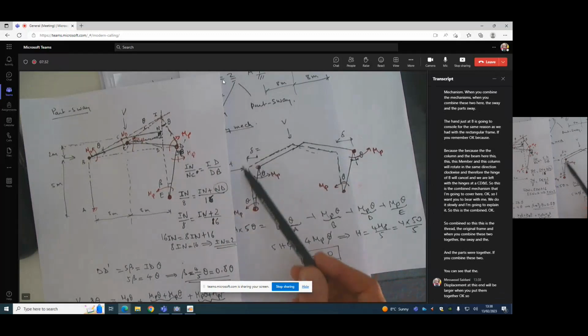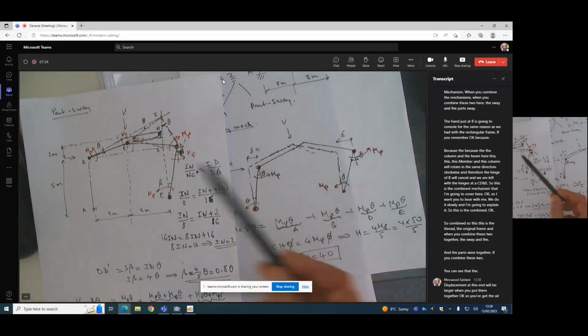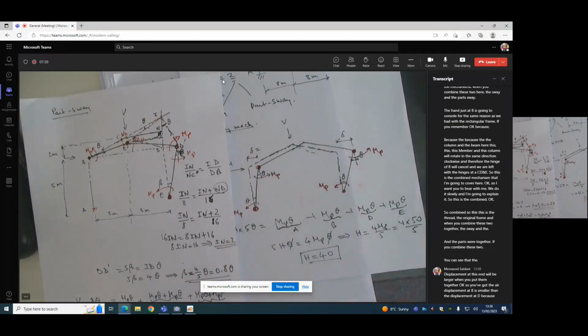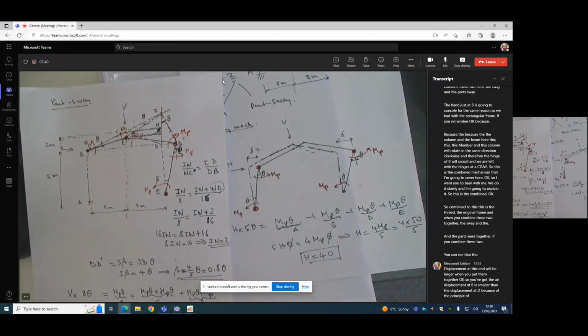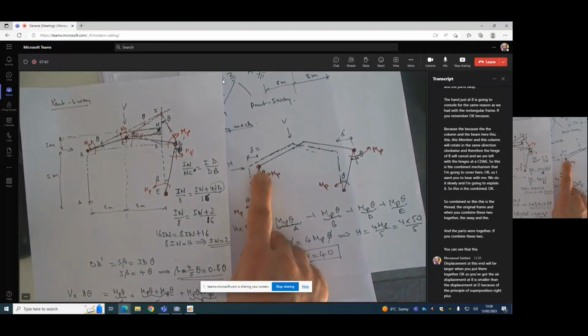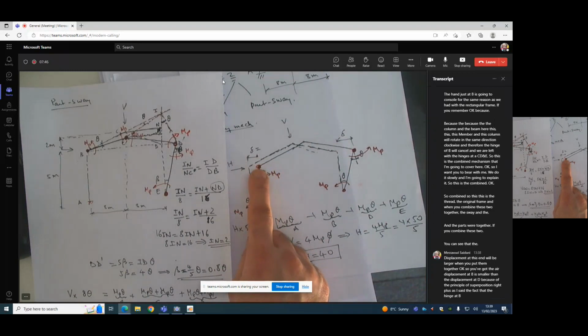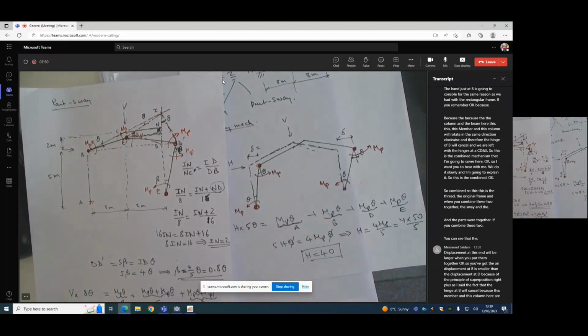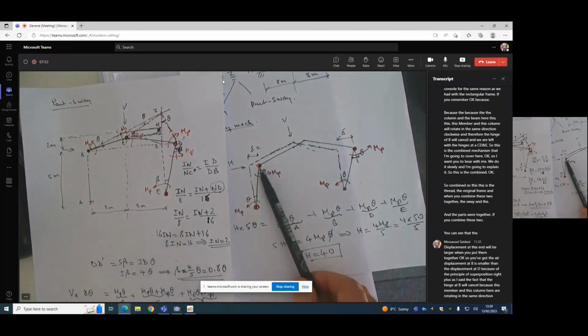So the displacement at B is smaller than the displacement at D because of the principle of superposition, right? Plus, as I said, the hinge at B will cancel because this member and this column here are rotating in the same direction. So you have cancellation of this hinge.